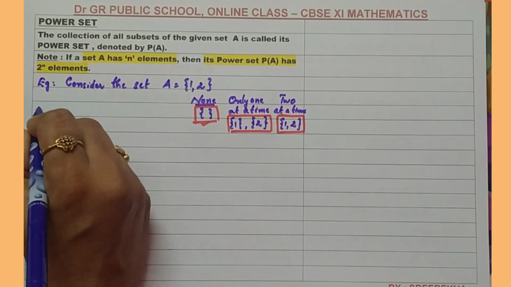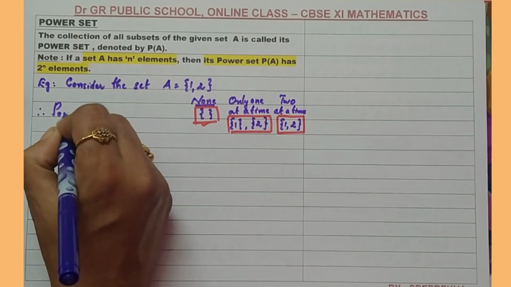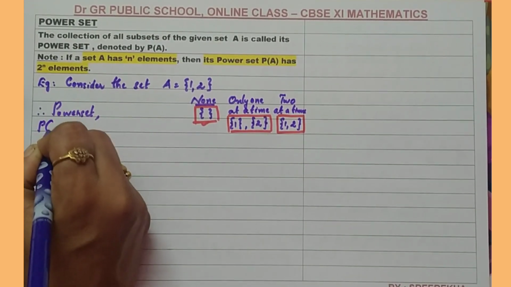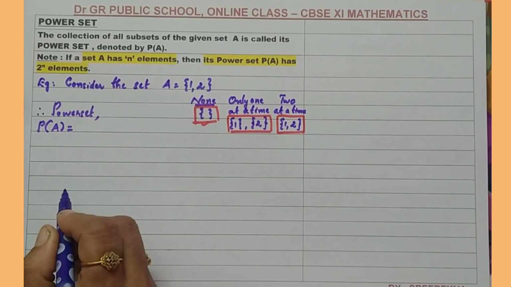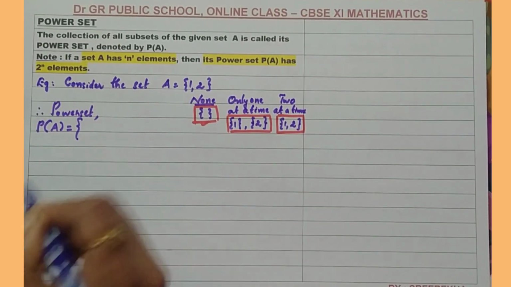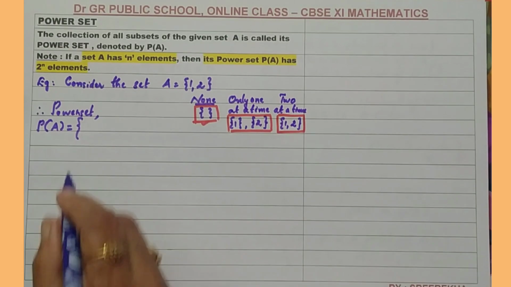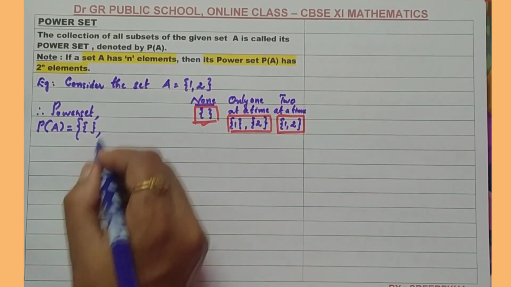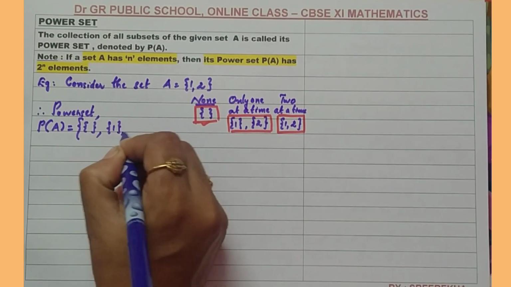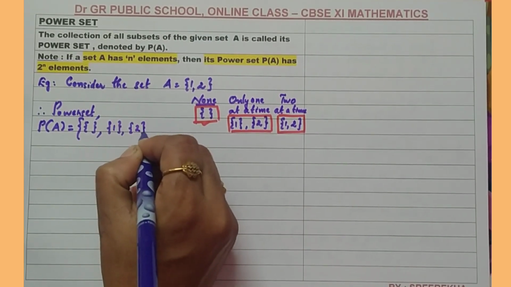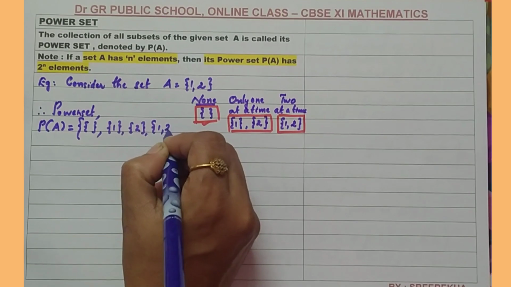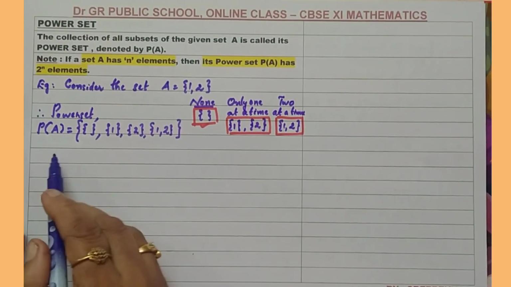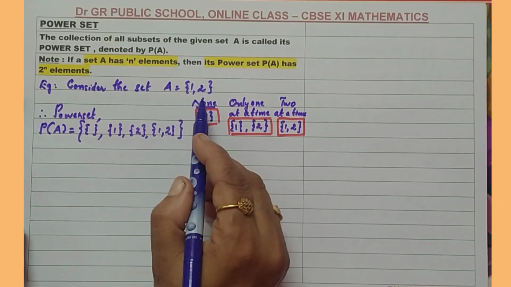Therefore, power set is usually denoted by the letter P of A. Power set of A equals the collection of, so you need to put braces, the possible subsets: the null set, the set {1}, the set {2} and the set {1, 2}. These are the possible subsets we can form from the given set.